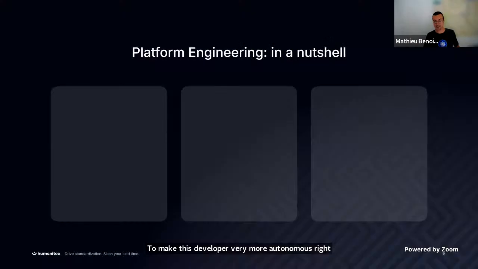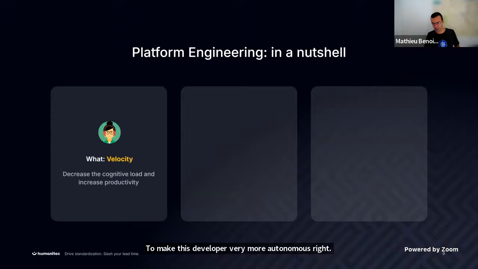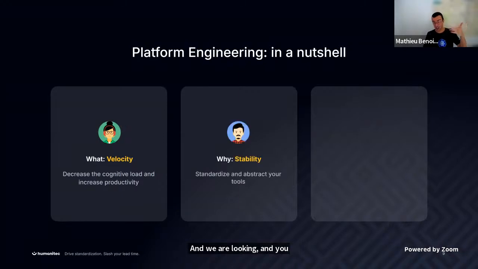So that's platform engineering in a nutshell. And you may be looking for more velocity for the developer, that's for sure, and stability for the platform with the platform engineering teams.